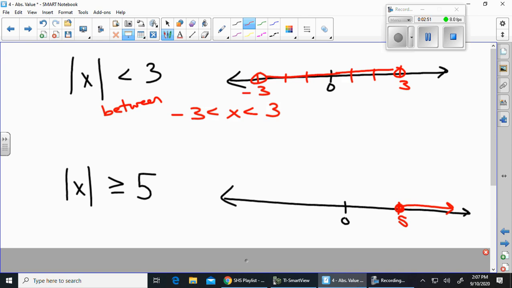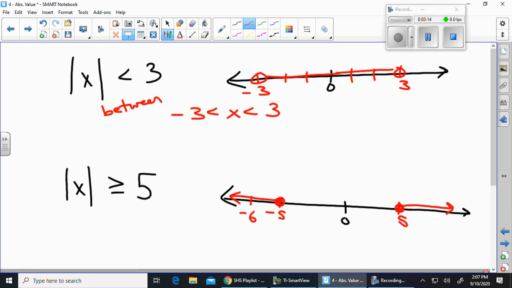But if I think the other way, if I put in -5, the absolute value of that is 5. If I put in -6, the absolute value of that is 6. So I could use any number less than or equal to -5.